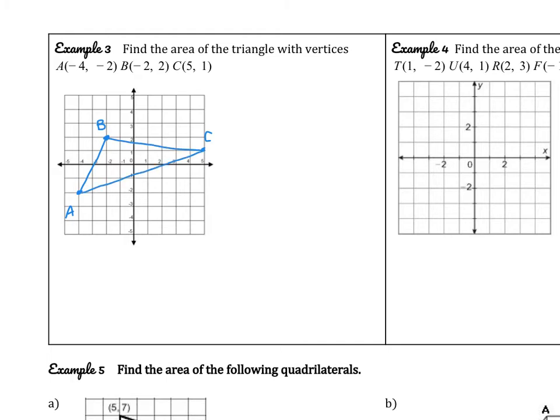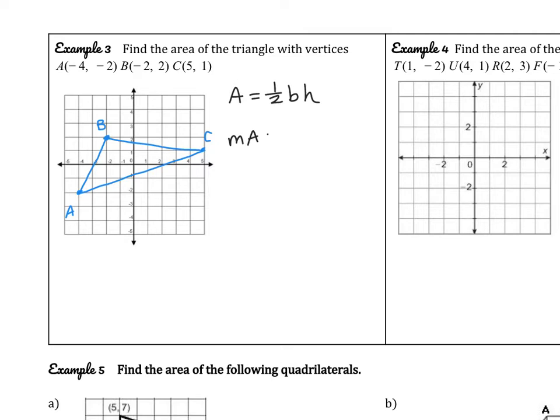So remember, the trick when you're finding the area of a triangle is 1/2 base times height, but the height needs to be perpendicular to the base. So it looks like the easiest perpendicular height to find would be connecting B to line AC. So we need to find a perpendicular line here. So we can start by finding the slope of AC so we can figure out what the slope of the perpendicular line is.